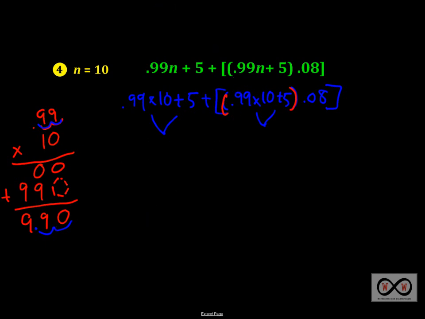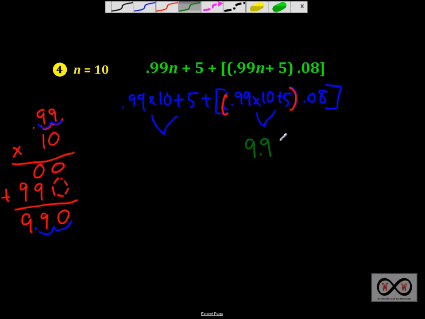We've got $9.90 on this side times our 8% tax, or 8/100ths. And now we have $9.90 on this side, or 9 and 9/10ths, or 90/100ths.